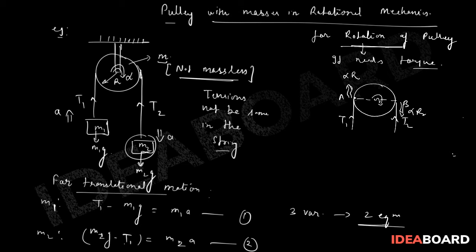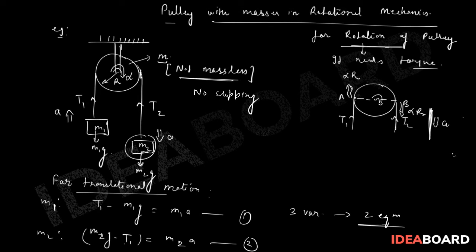And because this is the same string where T2 is available, and we assumed that the acceleration is a. There is one very important assumption here, that there is no slipping between pulley and rope. So no slipping anywhere.